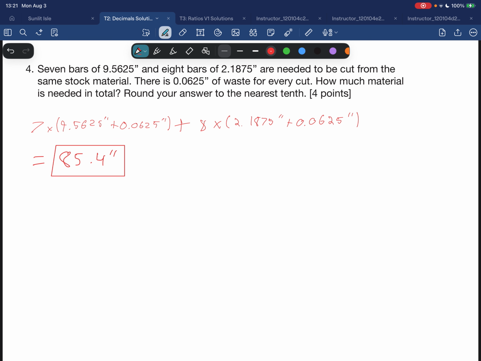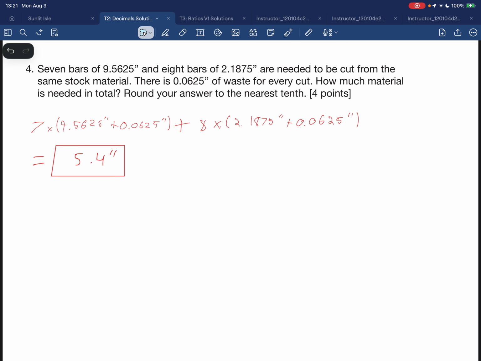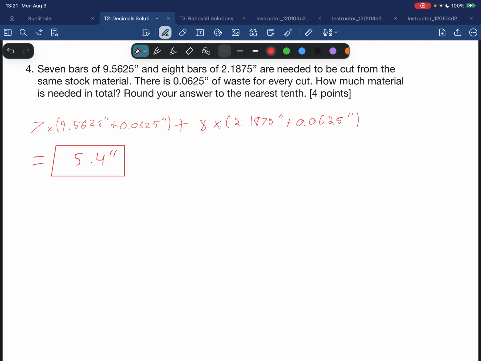But some of you pointed out that if the stalk is the exact length that you need, right? So if the stalk length is exactly the length that we need, you actually just need 85.3 inches worth of material.